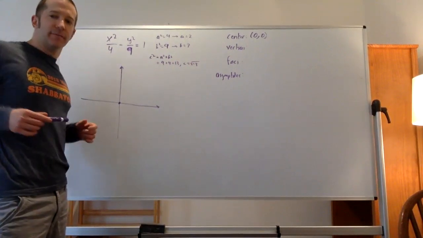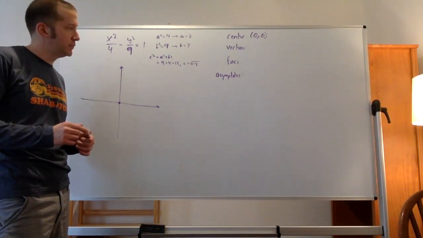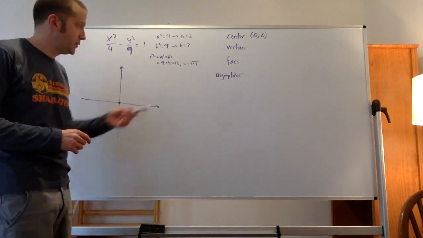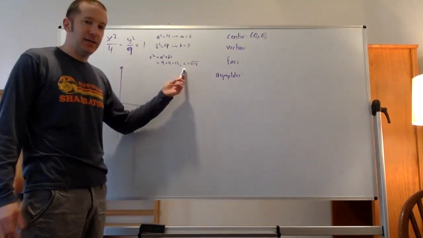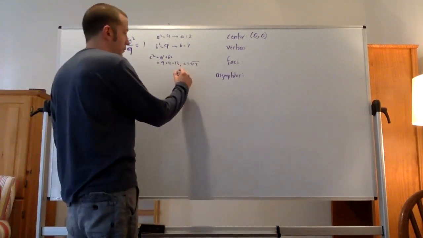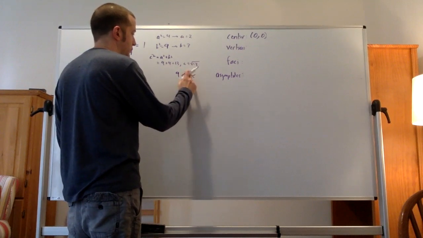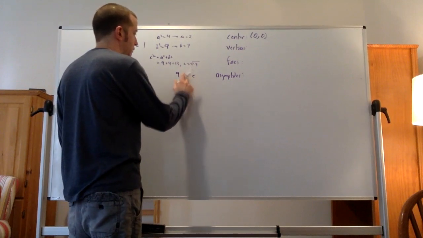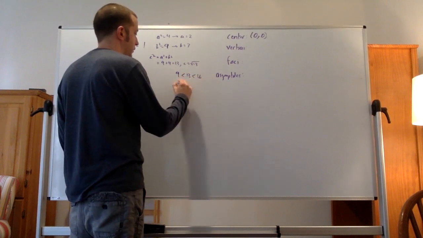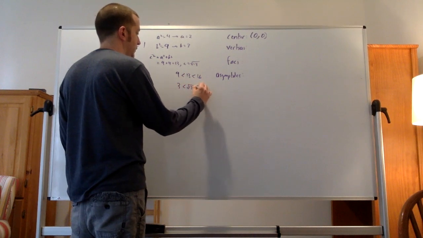It is between 3 and 4, so bigger than 3 but smaller than 4. I know that because 13 is bigger than 9 but smaller than 16, and therefore 3 is less than root 13, which is less than 4.